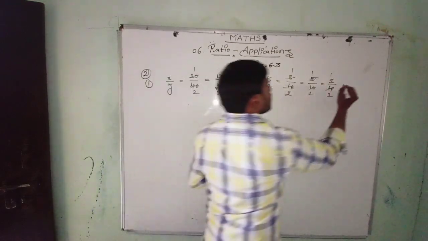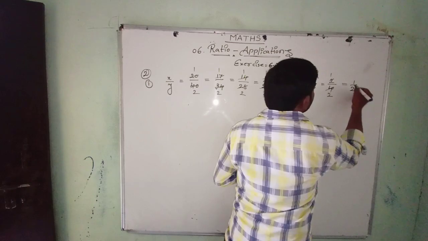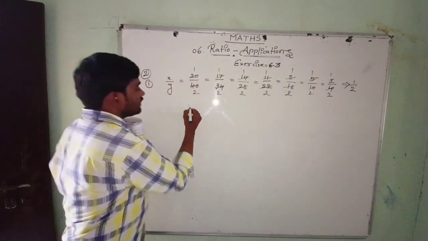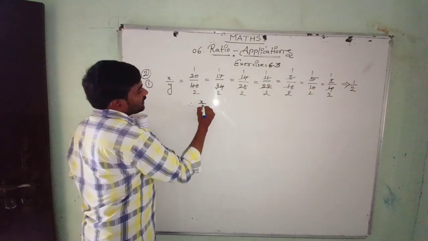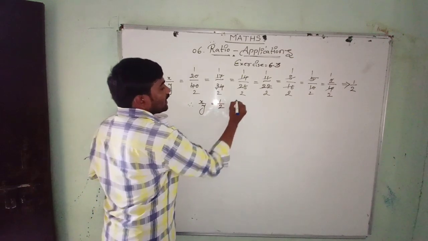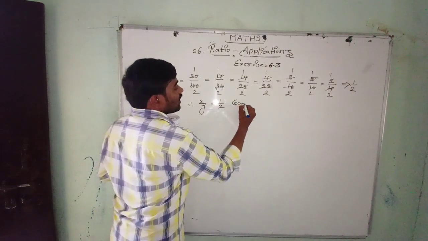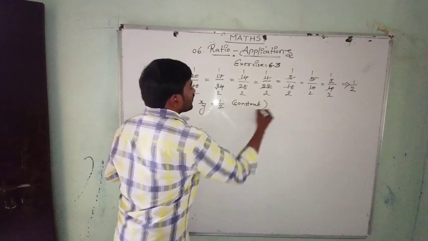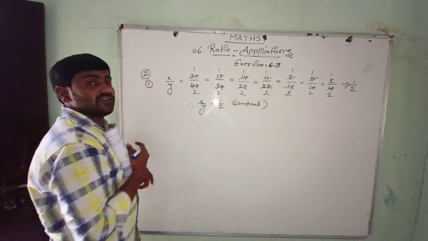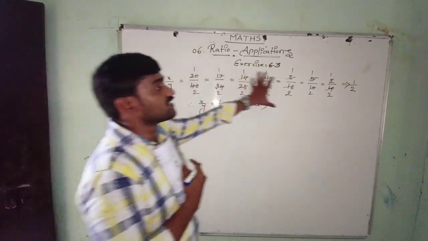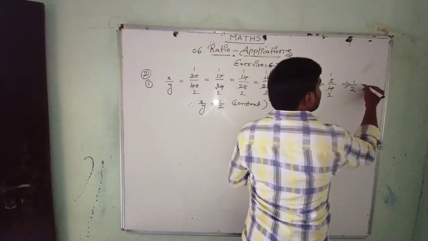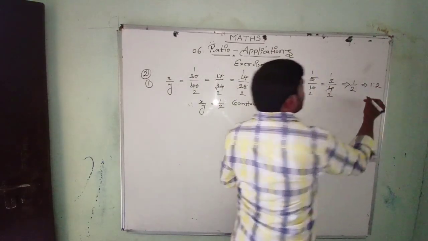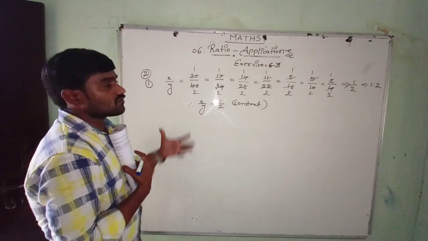You got x by y equal to 1 by 2. It is a constant. If you get a constant value for x by y, all these are giving the same ratio, which is equal to 1:2.